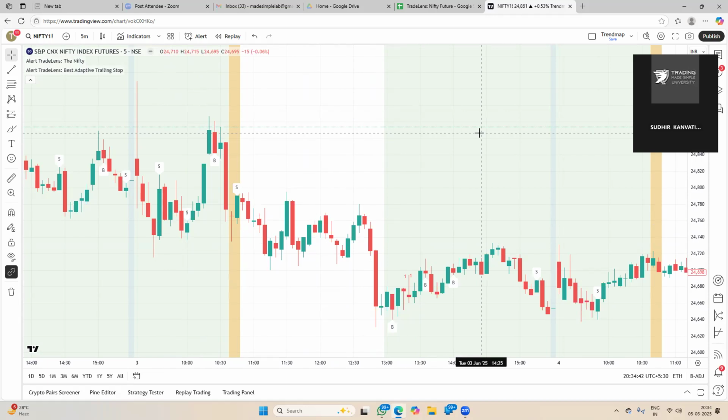So one thing you can understand: although no fresh signal appears in the break zone, if a signal appears just at the border line and within three candles the trade gets executed, you still need to manage the trade. It is not that you will not take the trade. See the case here, the trade happens at the border line.